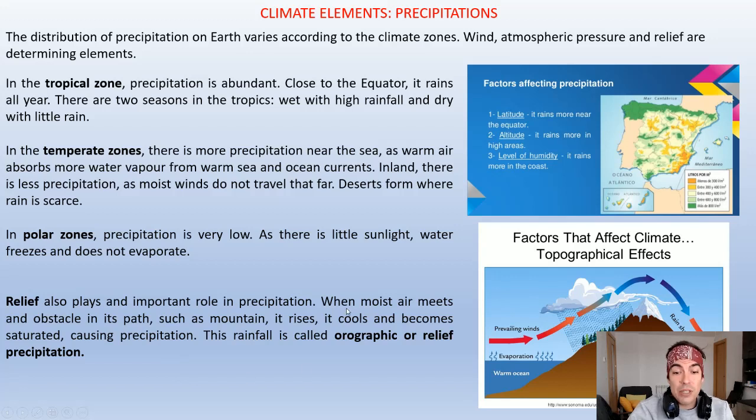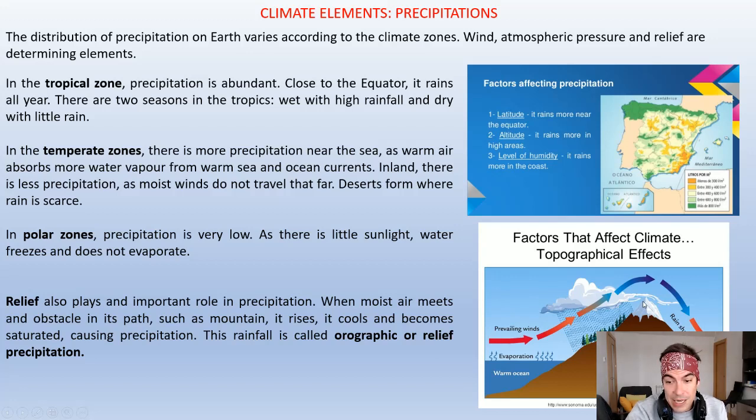Why? Because when moist air meets an obstacle in its path, for example, a mountain, it rises and cools. This is warm wind, and as it goes up, it gets cooler and becomes saturated, causing precipitation.